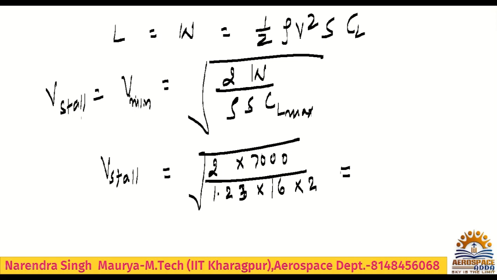Wait, I think I have made a mistake. 7000 into 2 to cancel out better. So 7000 divided by 1.23 divided by 16.